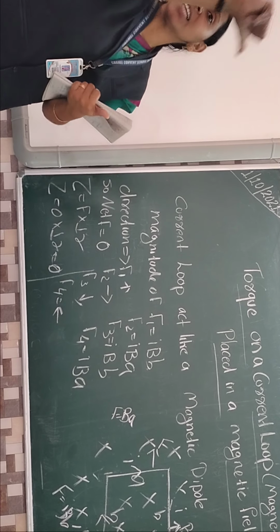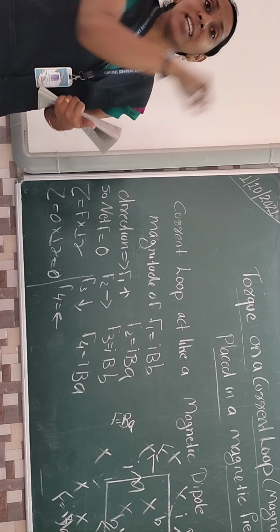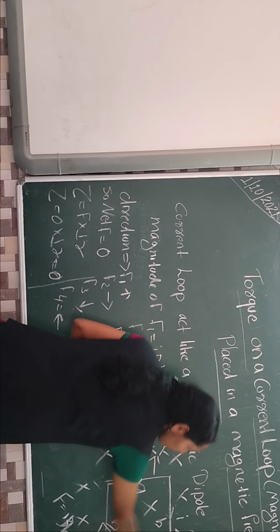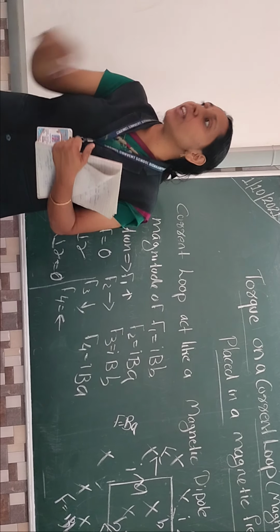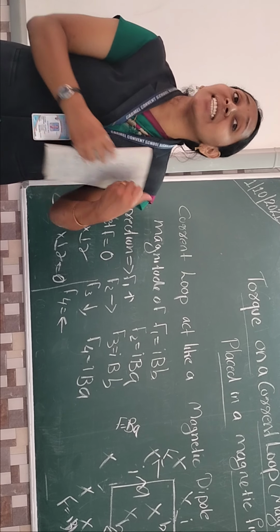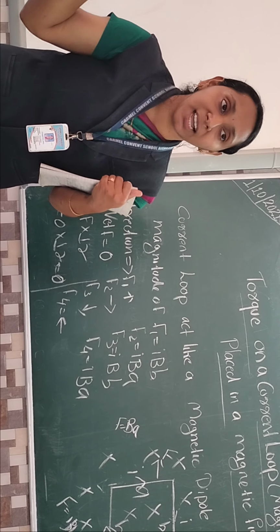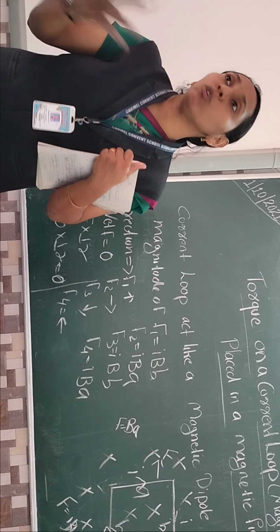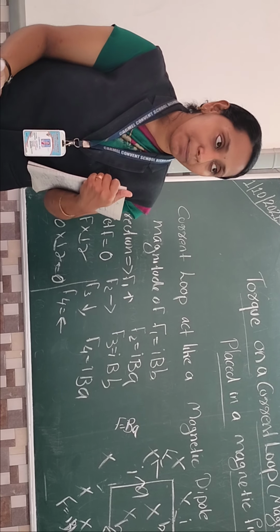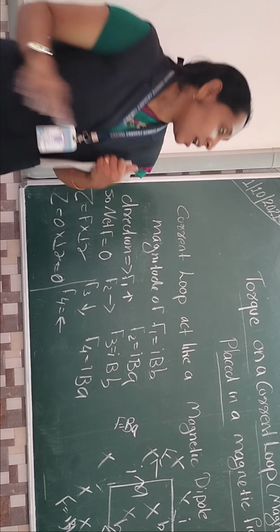Magnetic field direction is inward. Inward means cross. So the magnetic field is cross. That's the reason I am putting the cross sign here. The magnetic field is uniform also. Always remember, we do not create any external magnetic field here. Automatically the loop behaves like a magnet because of the presence of current. So that is the magnetic field direction.